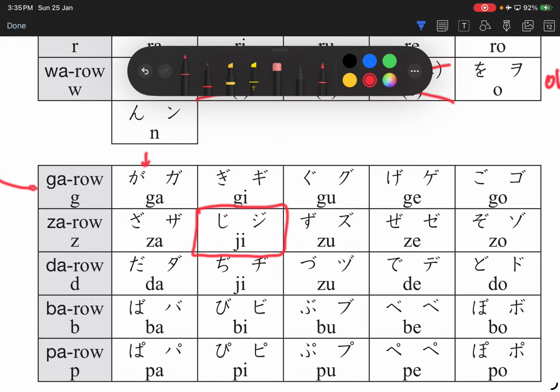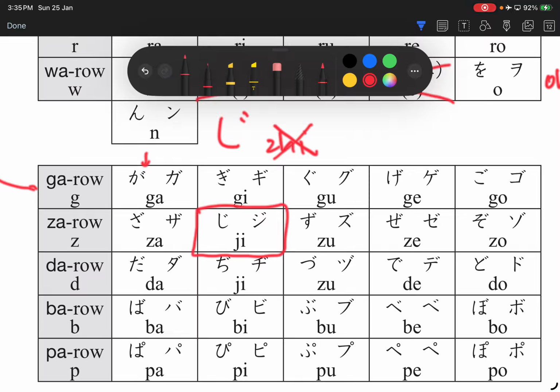In Japanese there's no such pronunciation. Since the original word is shi, we put these two dots, we cannot say zhi, that will be like Chinese already. So instead the best one will be ji, to represent this sound. So ji.